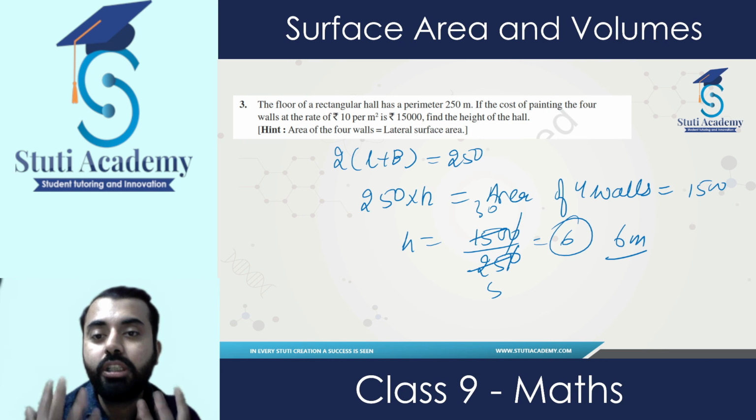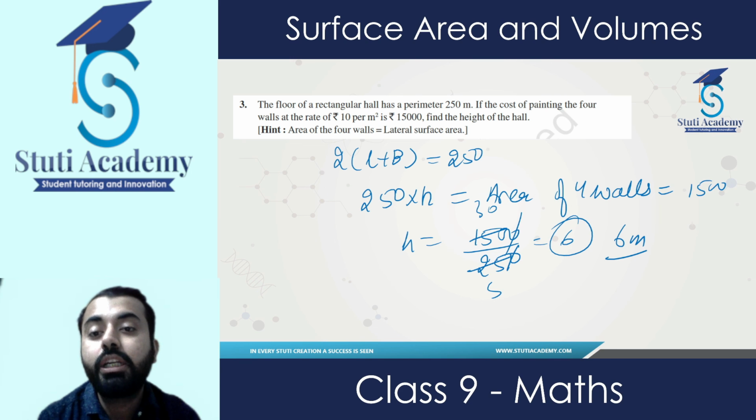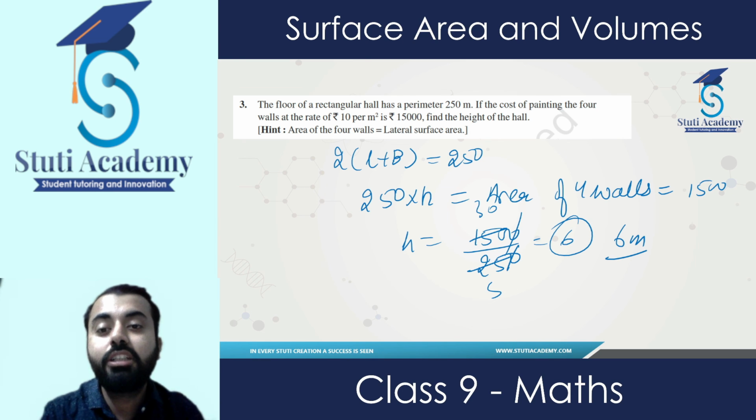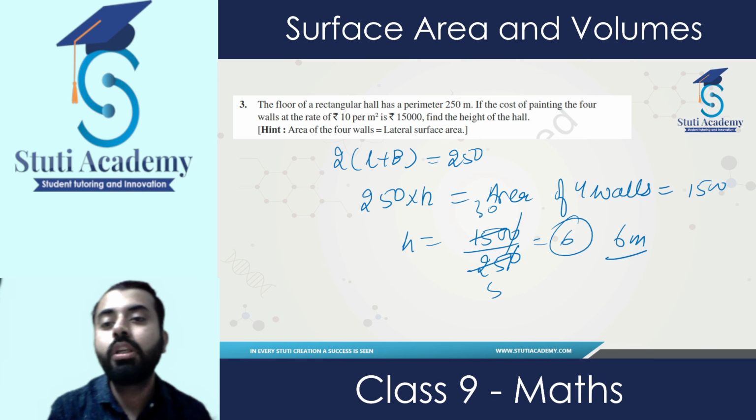To find out its total area, I will be dividing my total cost by per meter square cost. Dividing that, I got my area, which was 1500 meter square. 250 into h is 1500 meters. H will be what? 1500 divided by 250. Solve that, you will be getting a height, which is 6 meters. Right? Now, next case.